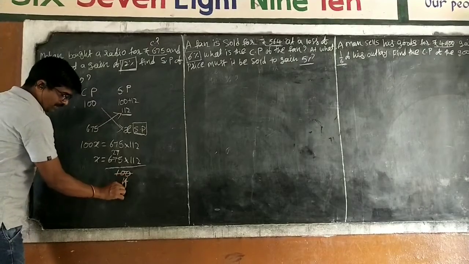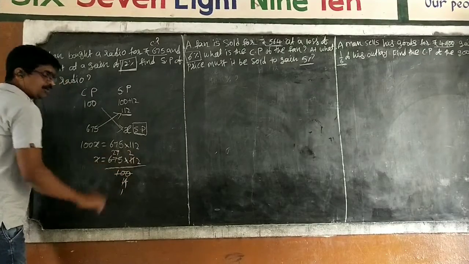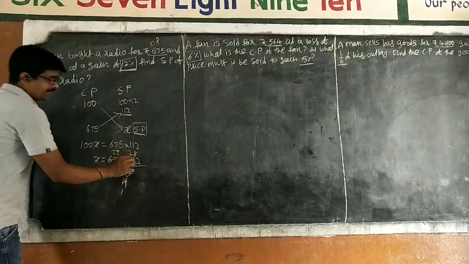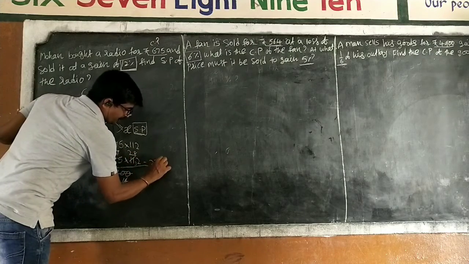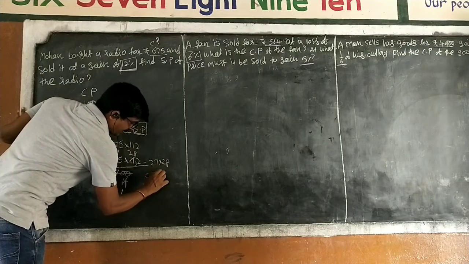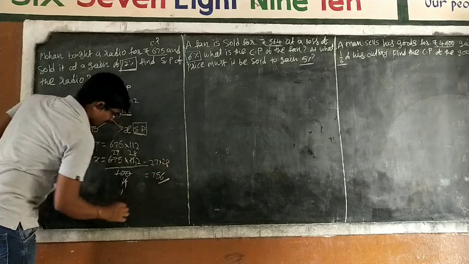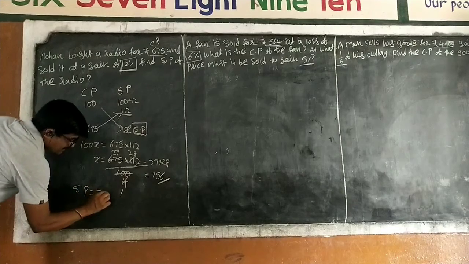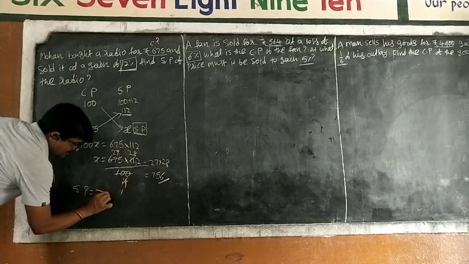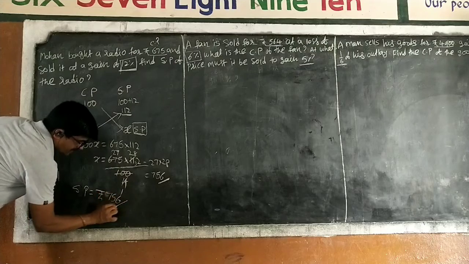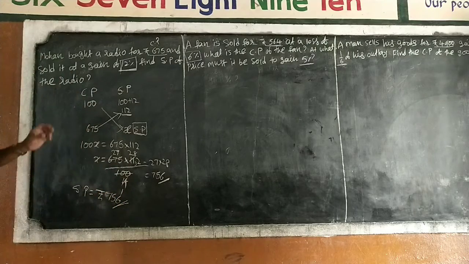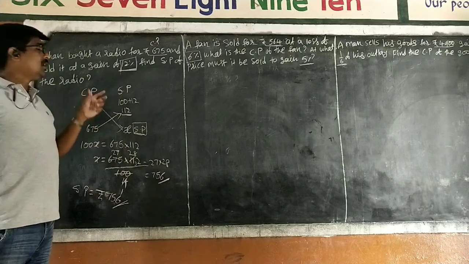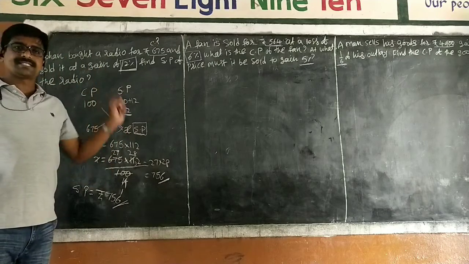Next, 4 1s are 4, 4 2s are 8. So 27 into 28, you are getting 756. Therefore, the selling price is rupees 756.